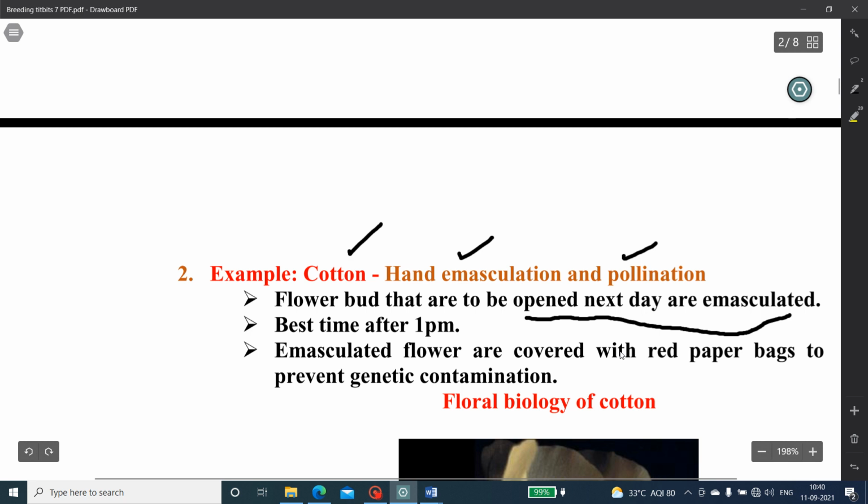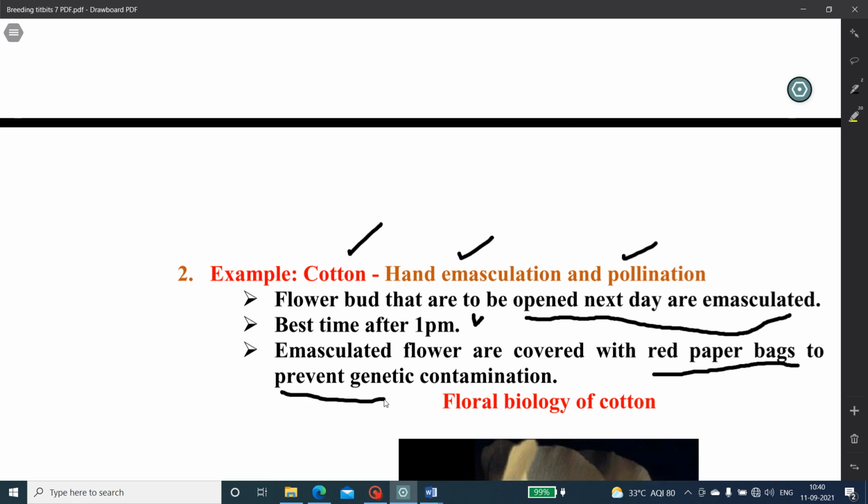The best time for emasculation is after 1 p.m., and the emasculated flowers are then covered with red paper bags to prevent genetic contamination. In a hybrid cotton field, if red paper bags are there, that indicates emasculated flowers in that field.